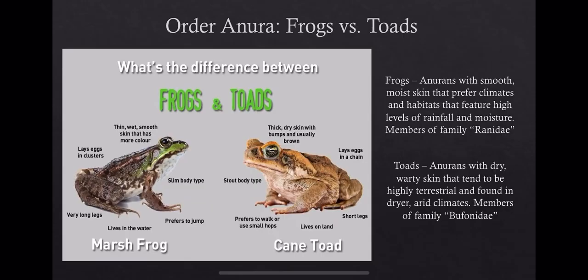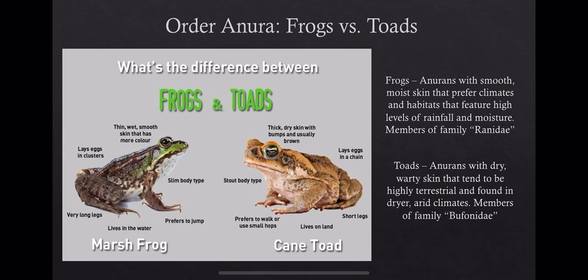So here's your frogs and your toads, differences between them. Frogs tend to be more moist-skinned, very, very smooth, would likely be found in areas that are very wet and moist. So things like rivers and lakes and ponds, very close to those environments you would find your frogs. And they are from the family Ranidae.